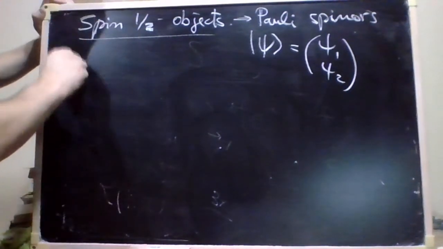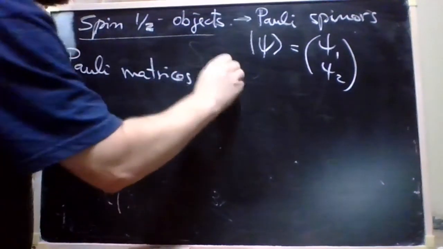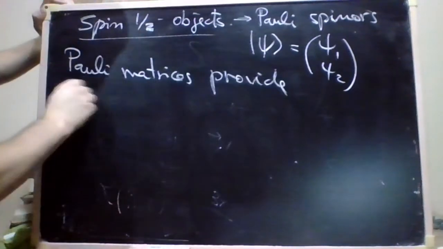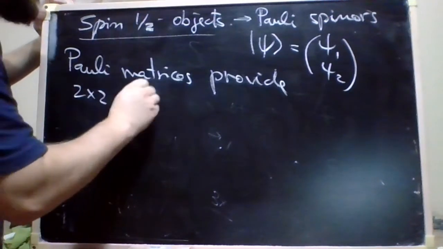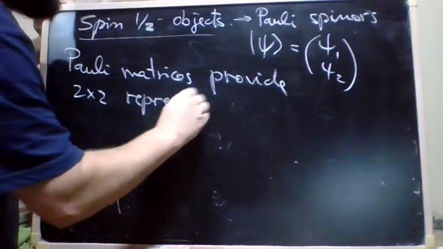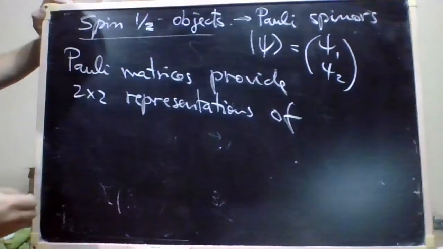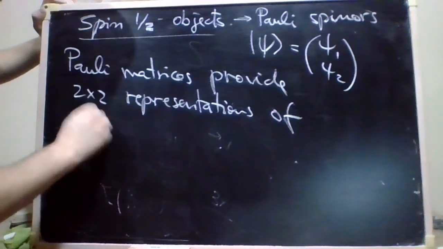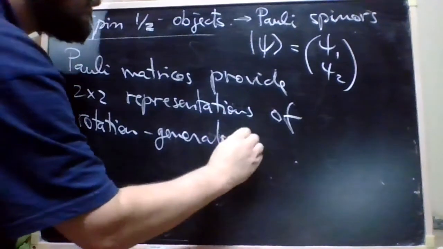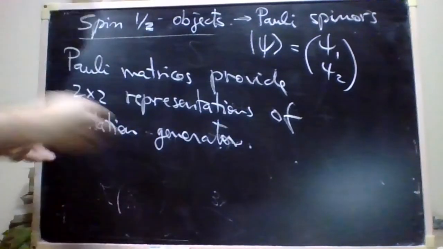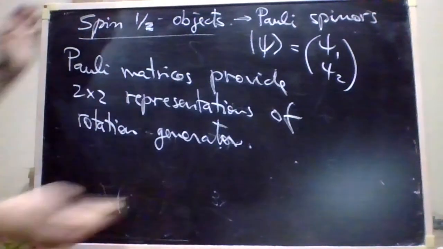So the Pauli matrices provide 2 by 2 is the dimensionality of the matrices representations of rotation generators, right? They provide 2 by 2 representation of rotations, say very directly.